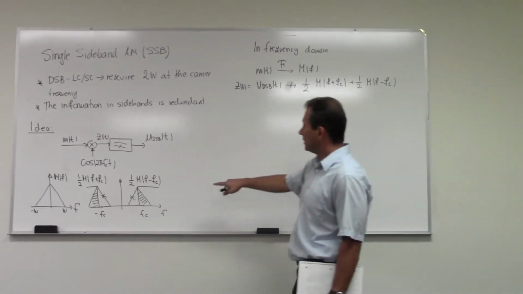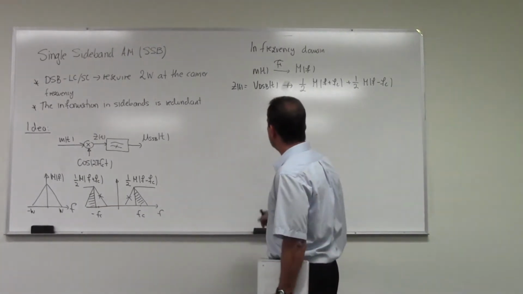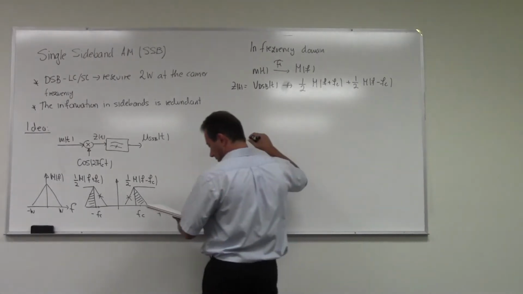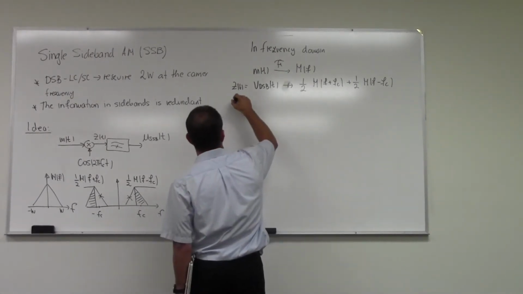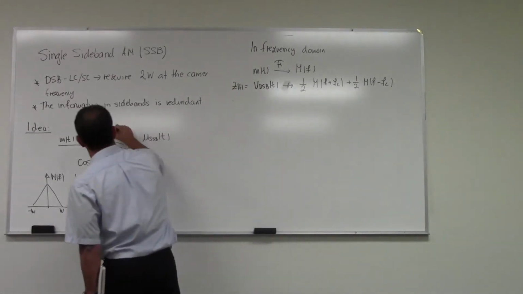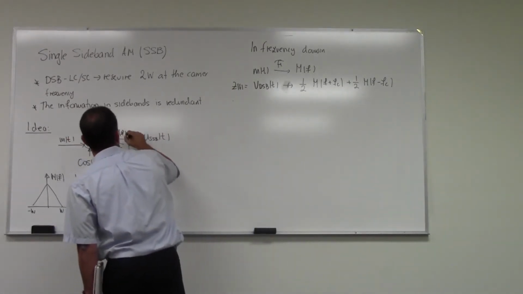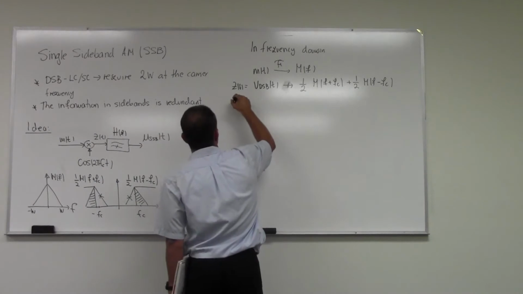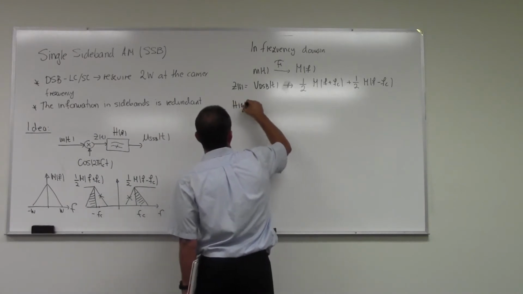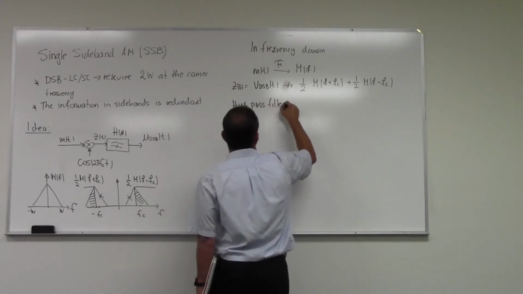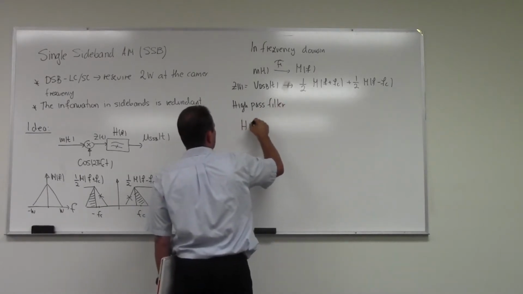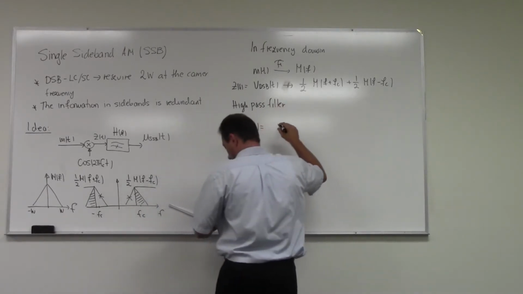So to derive the frequency response of this filter, let me call this H of f. This high-pass filter, H of f, will have a transfer function that is given as follows.